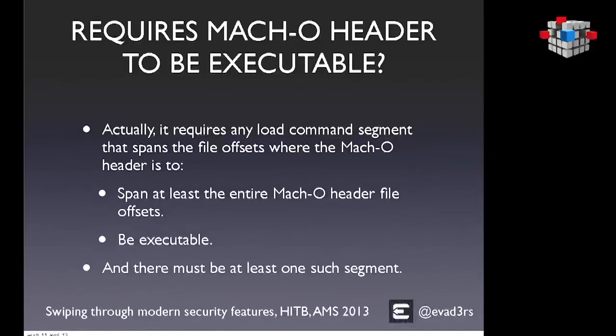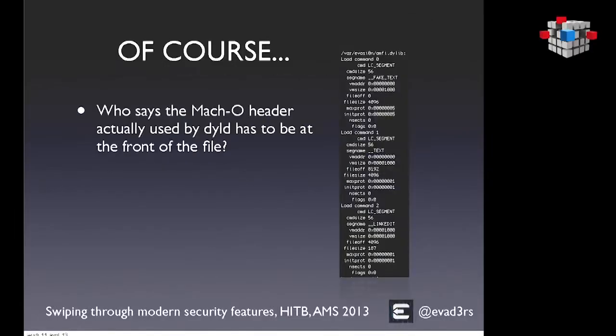So, in fact, you can't have no executable segments at all. And this segment has to span at least the entire Mach-O header file offsets. And of course, there must be at least one text segment. But who says that the Mach-O header actually used by DYLD has to be at the front of the file? There's no condition for this.